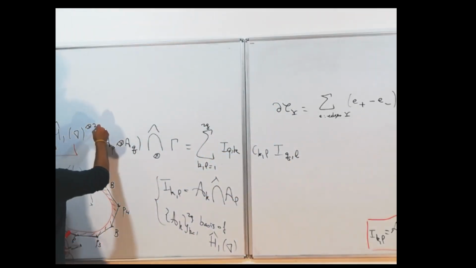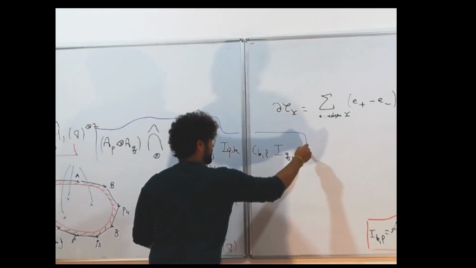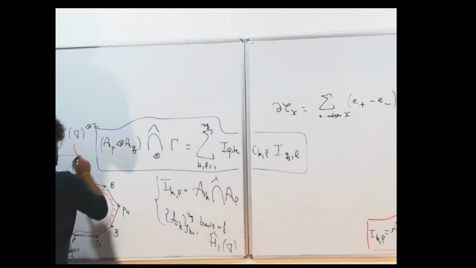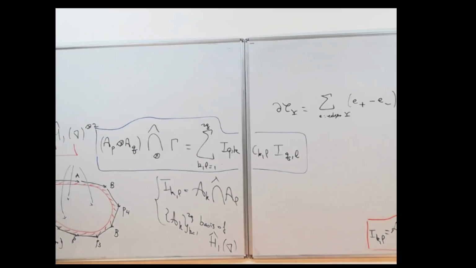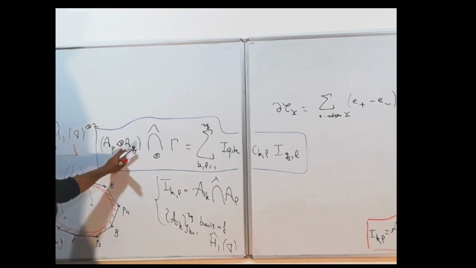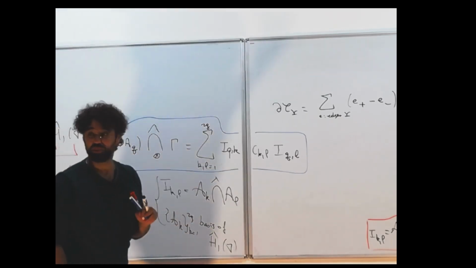Just to be clear, this is what this generalized intersection on the product looks like when you take the basis elements and you intersect them with the gamma we have here.